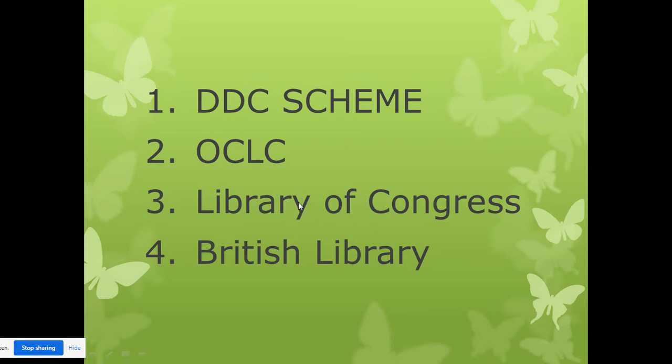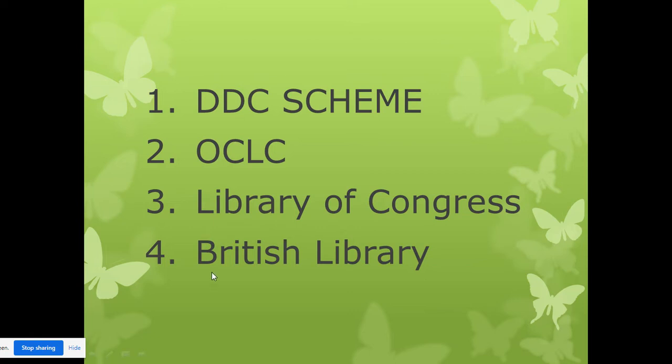Millions, or you can say billions, of books are available in this library, and this tool will be very beneficial for our libraries, because we will get the classification number and catalog of that material very easily.